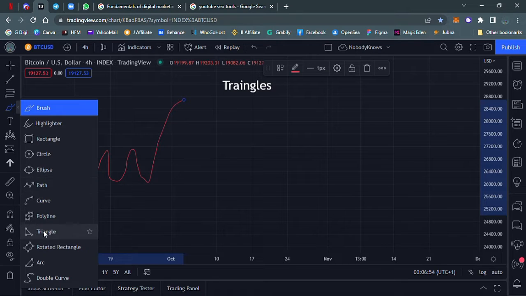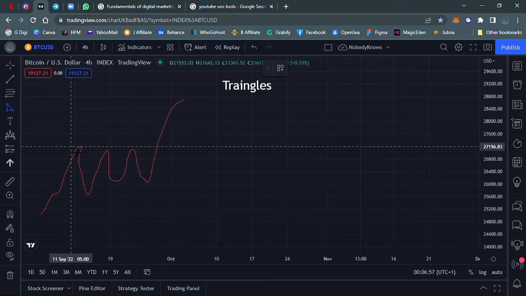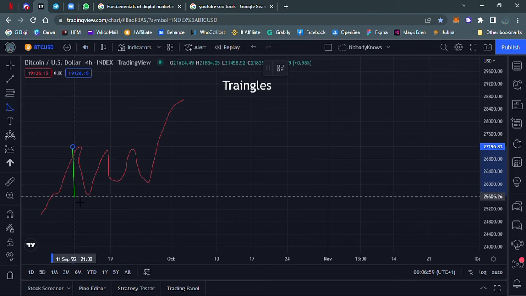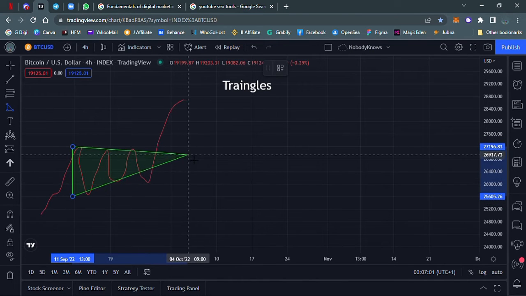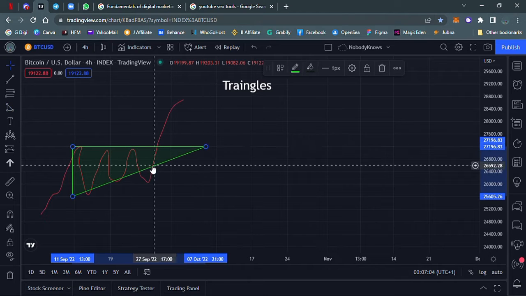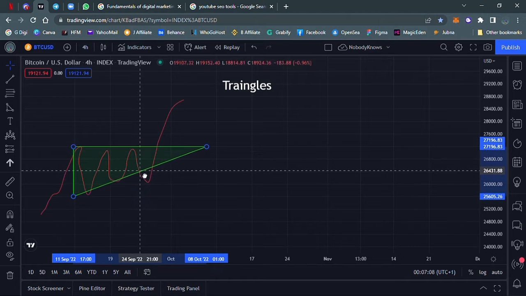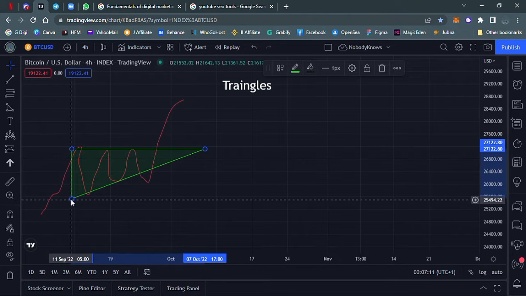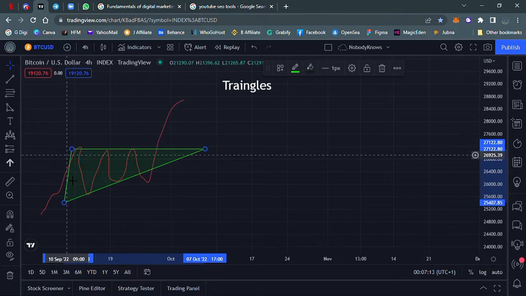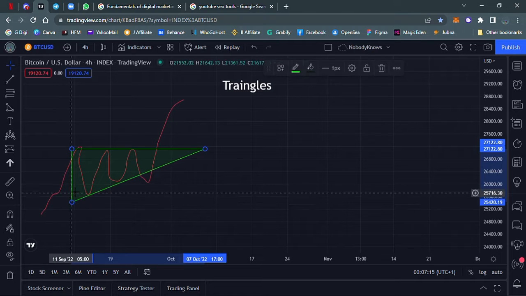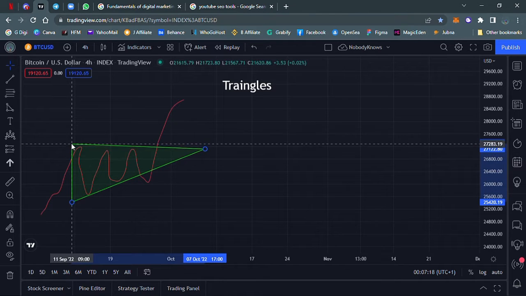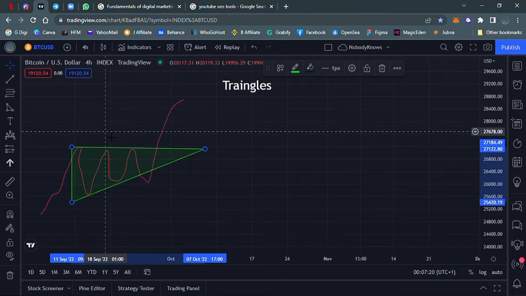Let's take our triangle tool and do this here. Don't mind me here. My drawing is not the best, I know, but something of this nature, right? Now over here, what we have is an ascending triangle.